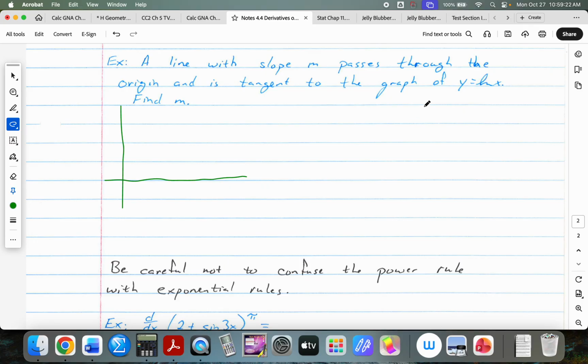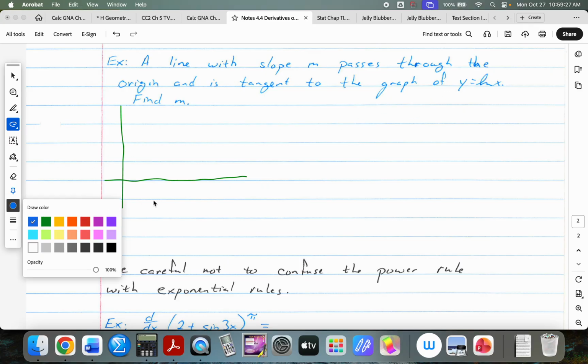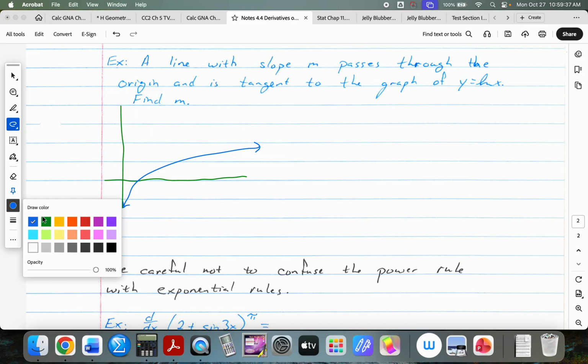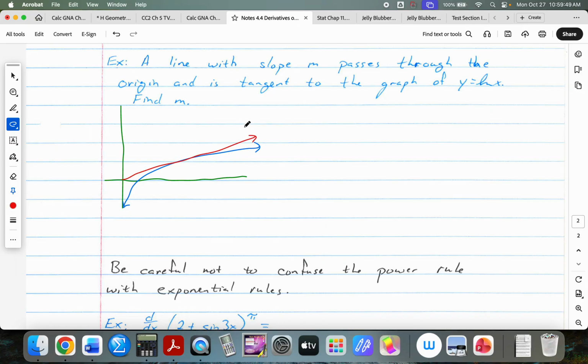So we've got the graph of y equals natural log of x, and the natural log function looks like all the other logarithmic functions. It looks sort of like this. And I've got a line that is tangent to this that goes through the origin, where the slope of this line is m.